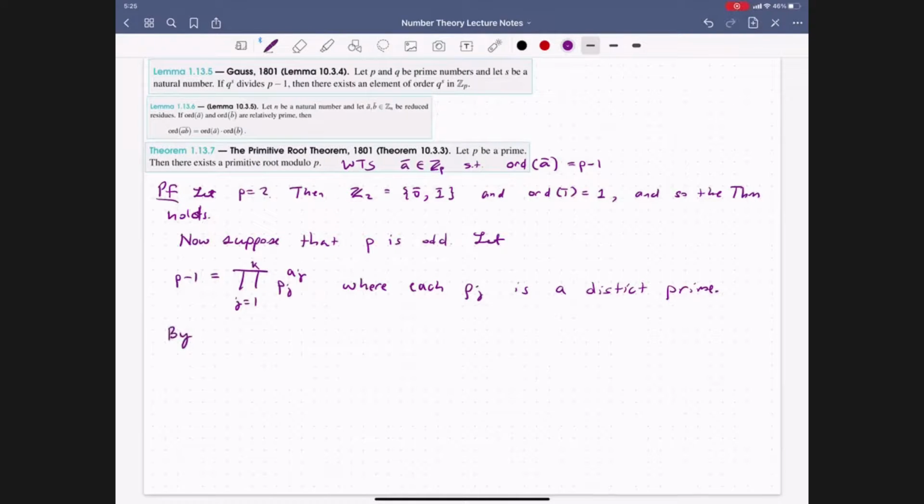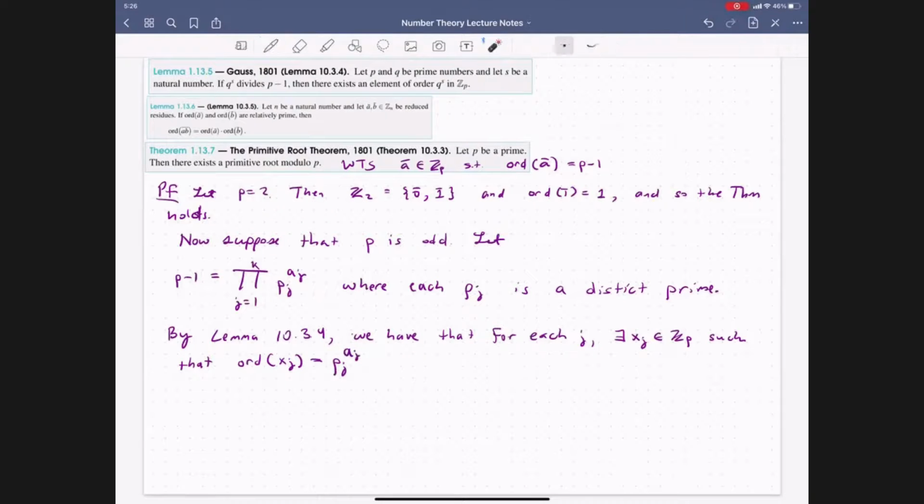So by lemma 10.3.4, to be precise, we have that for each j, there exists an element x_j in the integers modulo p such that the order of x_j is equal to p_j to the a_j, since that's the exponent appearing here.